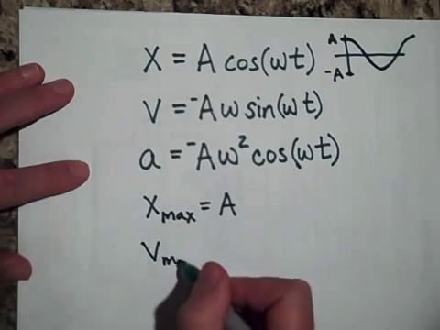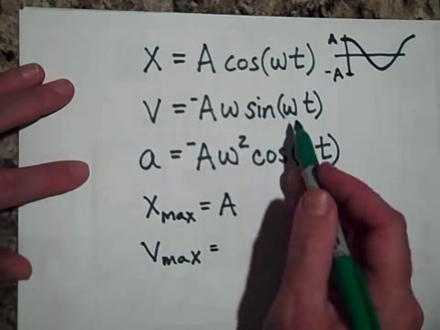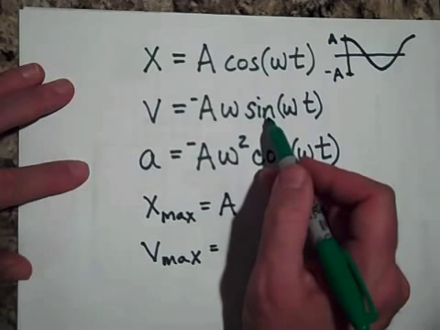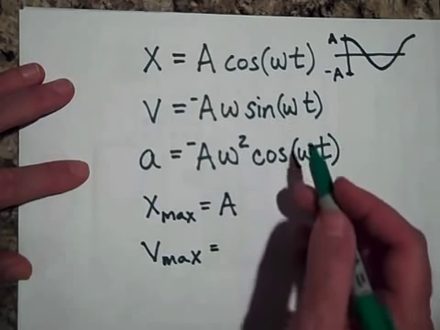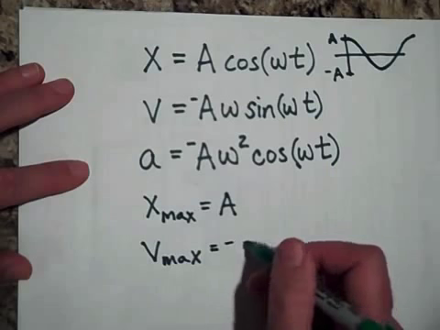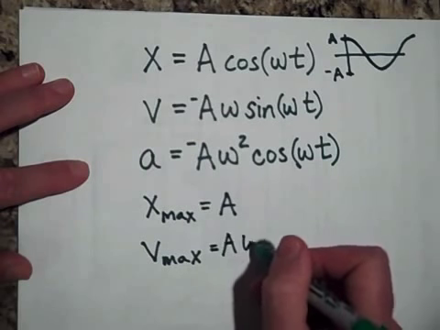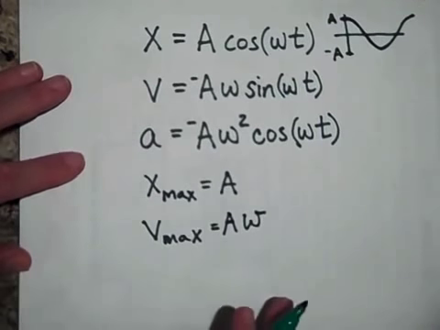V max: if we look at the equation, the maximum this can be is when this is 1. That's the greatest it can be, so it will be A omega. That will be the most it will ever be.